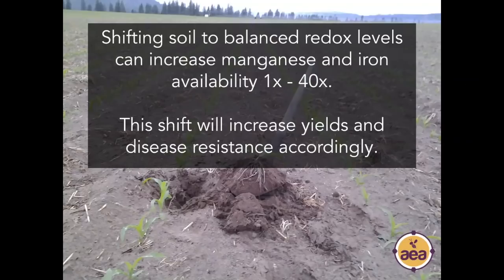The 2 trace minerals that are the most widely used in broadacre crop production are boron and zinc. It's very common for growers to apply zinc in the furrow as a starter at planting, but they don't apply manganese in the furrow as a starter. They don't apply iron. Why not?